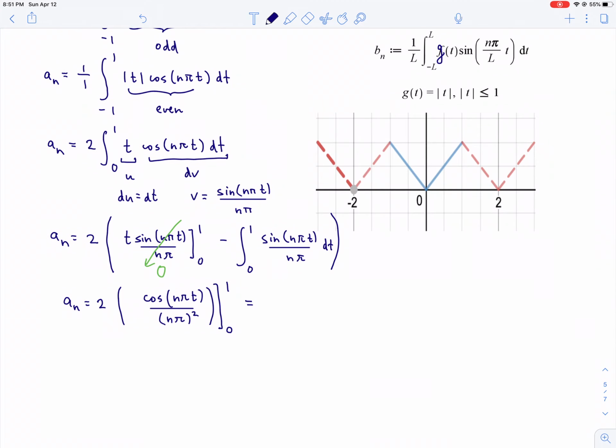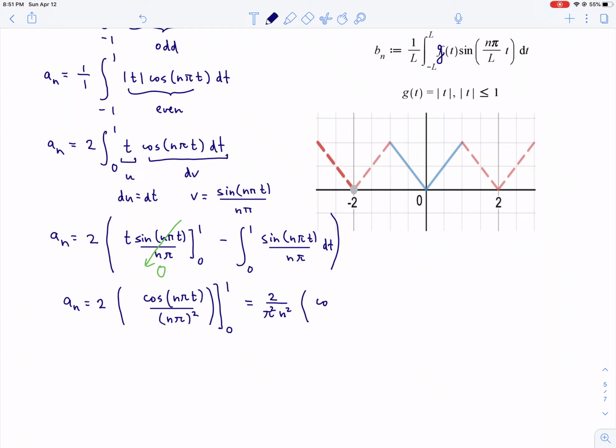And so I get 2 over pi squared n squared times, if n is even, then I'm evaluating cosine of an even multiple of pi, I get plus 1. If n is odd, I get minus 1. Oh, I got way ahead of myself. Let's do this right.